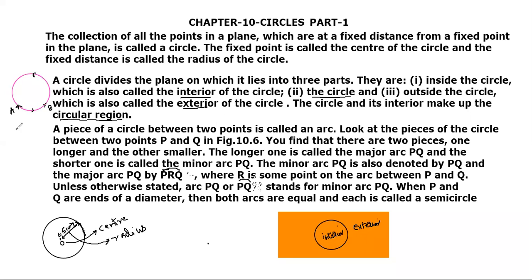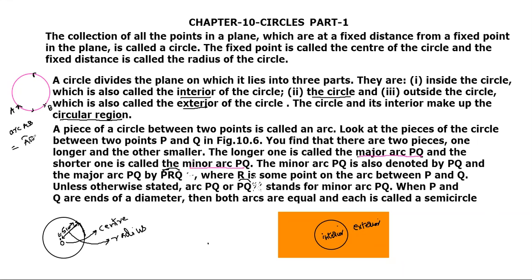Instead of writing arc AB in words, we use this symbol over AB, which means AB is an arc. There is a longer arc and a shorter arc. The longer arc is called the major arc, and the shorter one is called the minor arc.